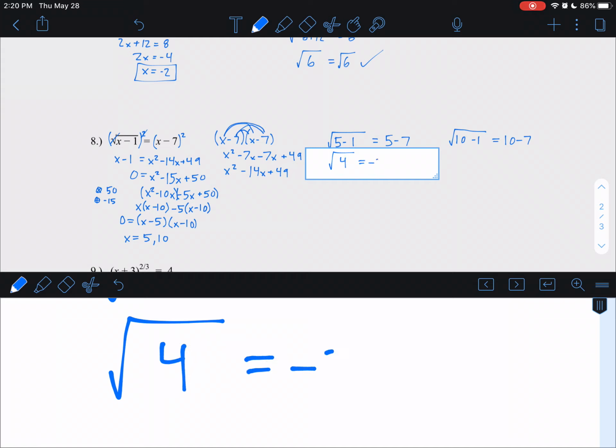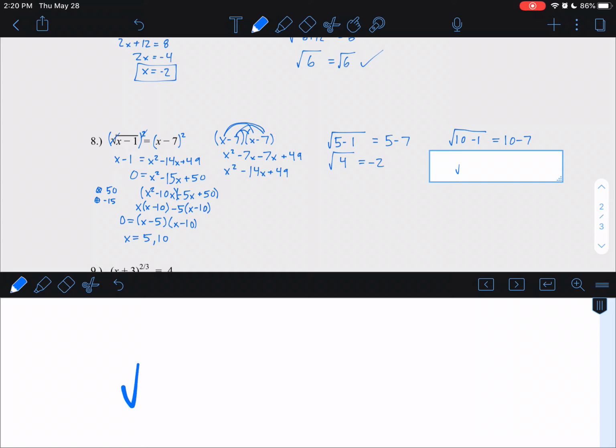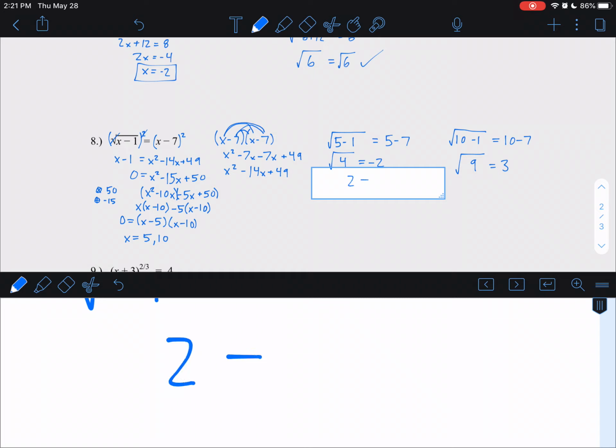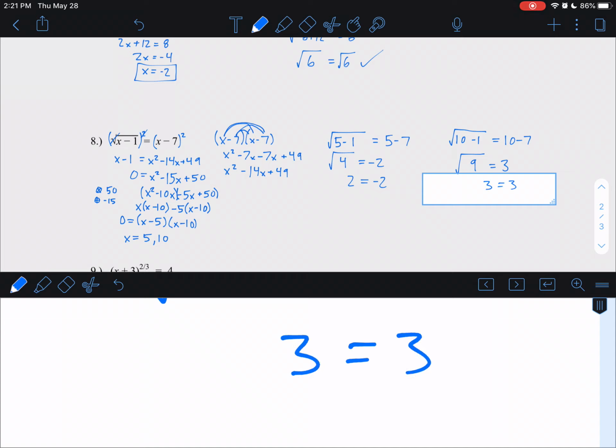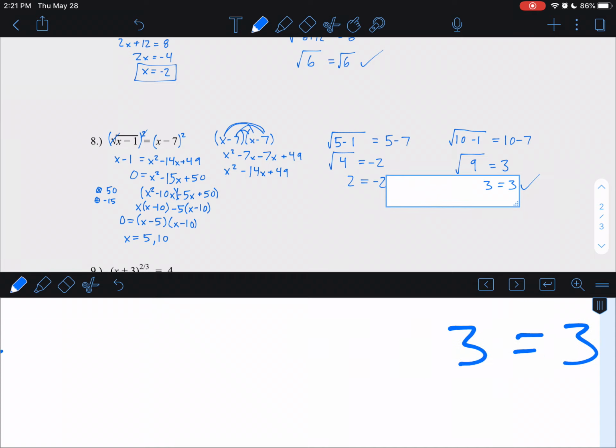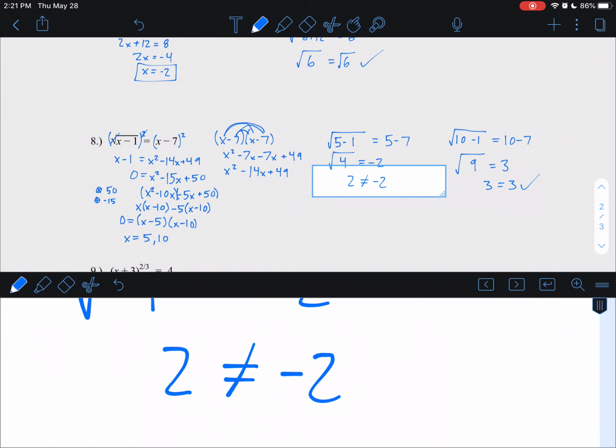And here, 10 minus 1 is 9, and it's telling me that should be equal to 3. The square root of 4 is 2. The square root of 9 is 3. So 3 equals 3, but 2 doesn't equal negative 2.